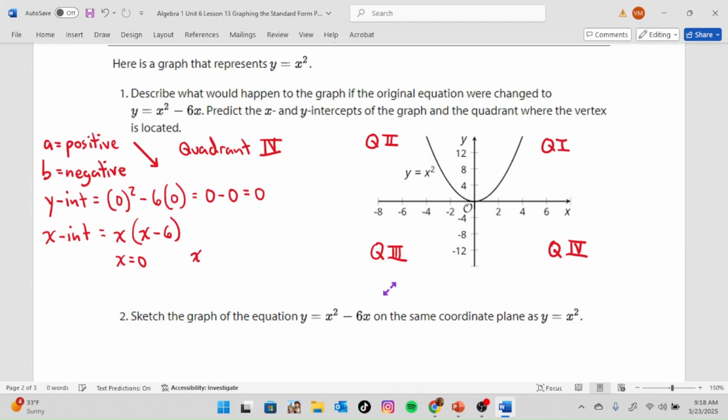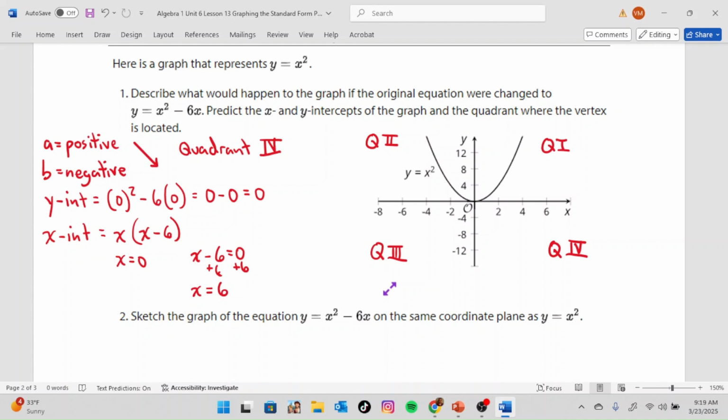And if x minus 6 equals 0, then when I add 6 to both sides, x equals 6. So I expect this to shift down and to the right. The vertex should be in quadrant 4. My x-intercepts should be at the origin and at x equals 6. And my y-intercept should be at the origin.